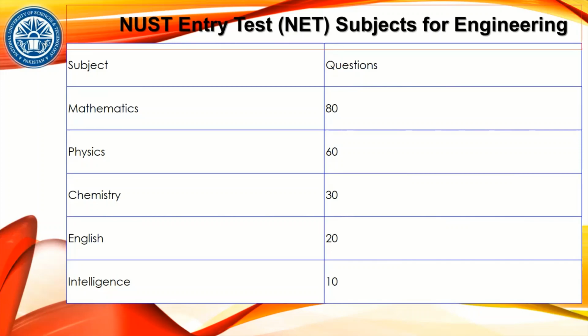We will talk about all those intelligence questions, their types and formats, and we will solve them. But keep in mind that they are also measuring the intelligence level of the students.